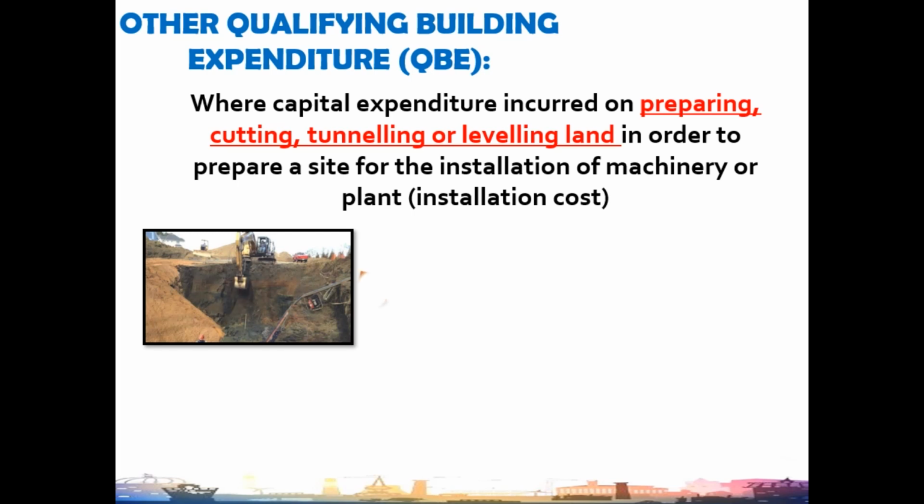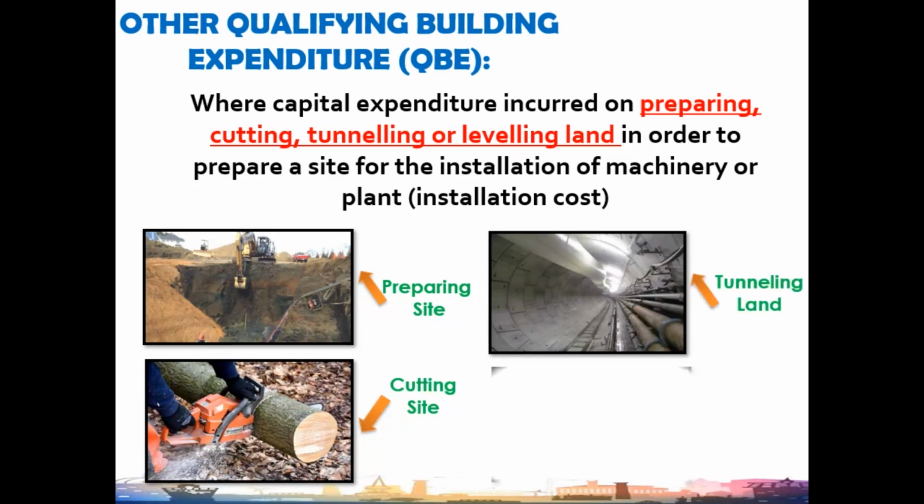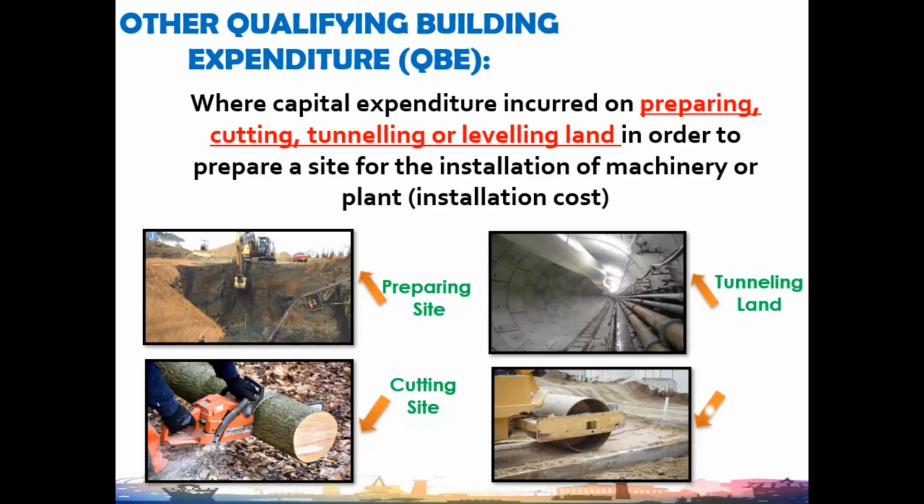Sometimes they want to put in a big machinery, or build up plant and logistics, so they have to prepare the site, maybe cut the site, tunnel the land, or level the land. So these expenses, whether it's preparing the site, tunneling land, cutting the site or levelling land, you must calculate on the 75% rules.